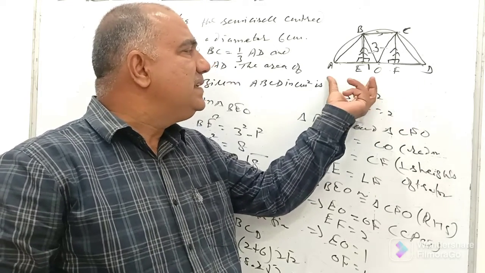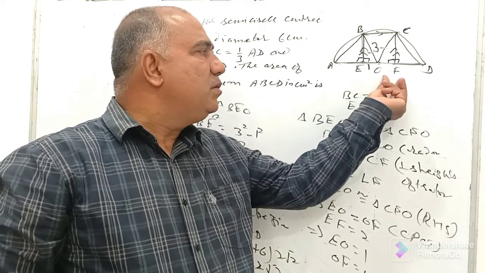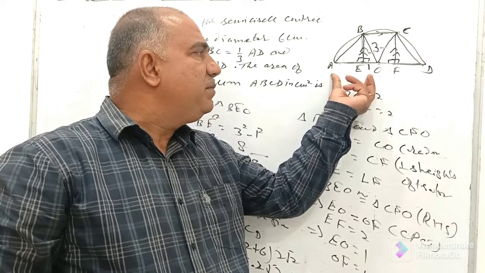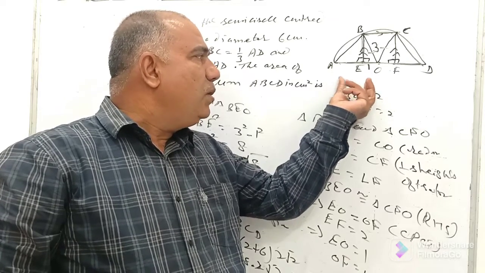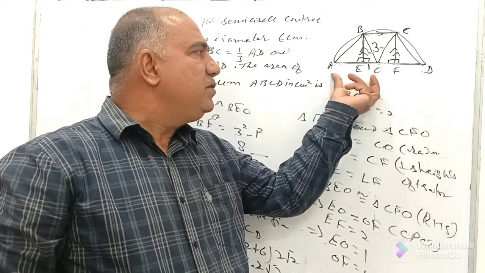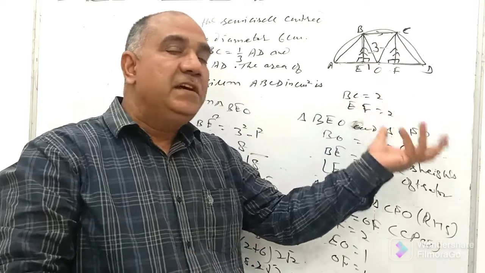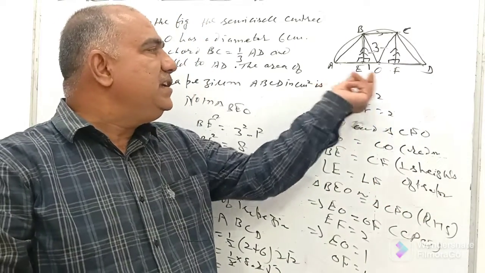Why? Because AO is equal to OD and EO is equal to OF. When equals are subtracted from equals, AO minus EO and OD minus OF, the remainders are equal. So you will get AE is equal to FD.